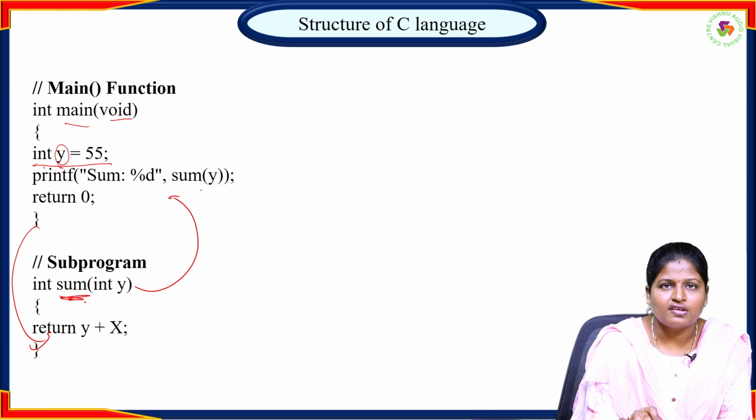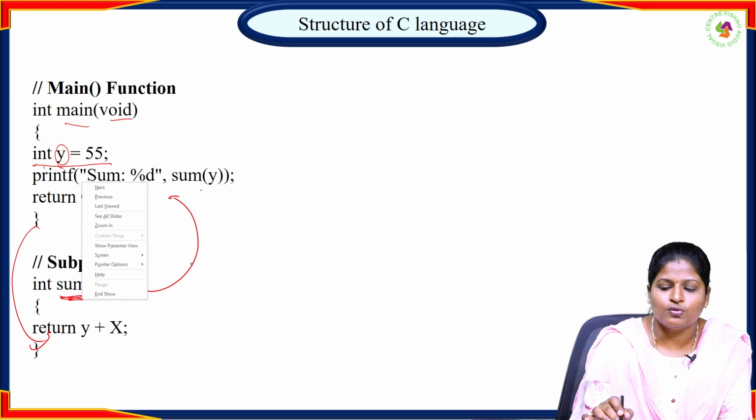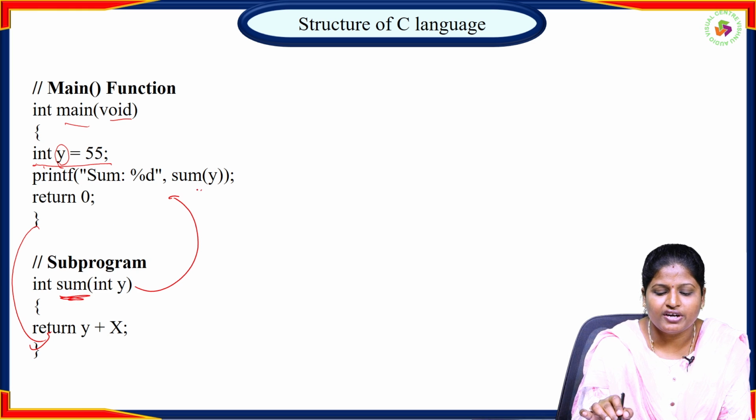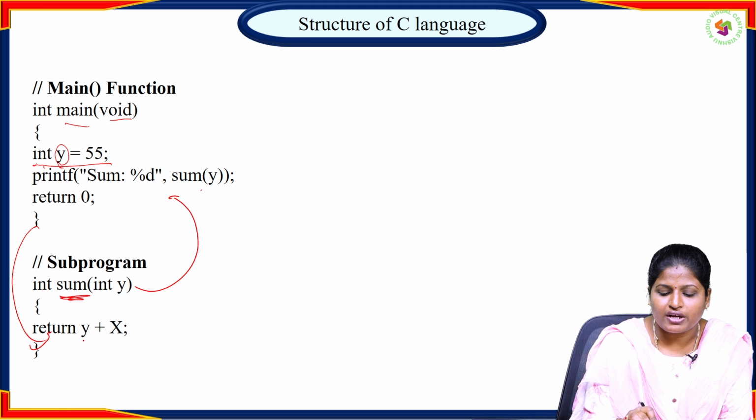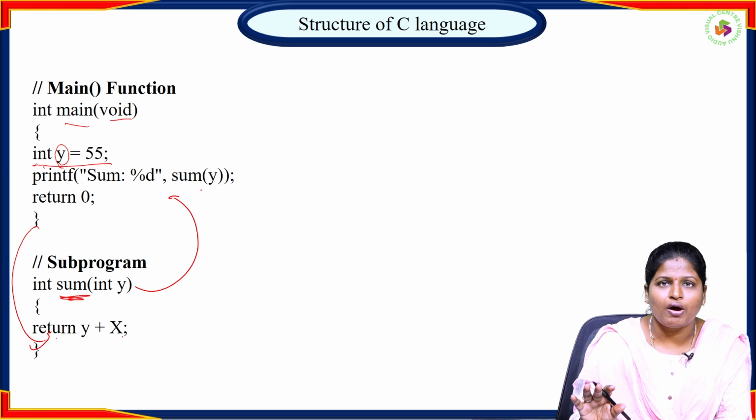So here this is the name of the function used inside the printf function, and this formula is calculated here, that is y plus x. The x value is from the definition section, where we used x as 20, and the y value we have taken is 55. These both will be added and this value will be returned to the sum function, and the output will be 55 plus 20 is 75. This is how it gets executed. So finally, this is about the structure of a C program.